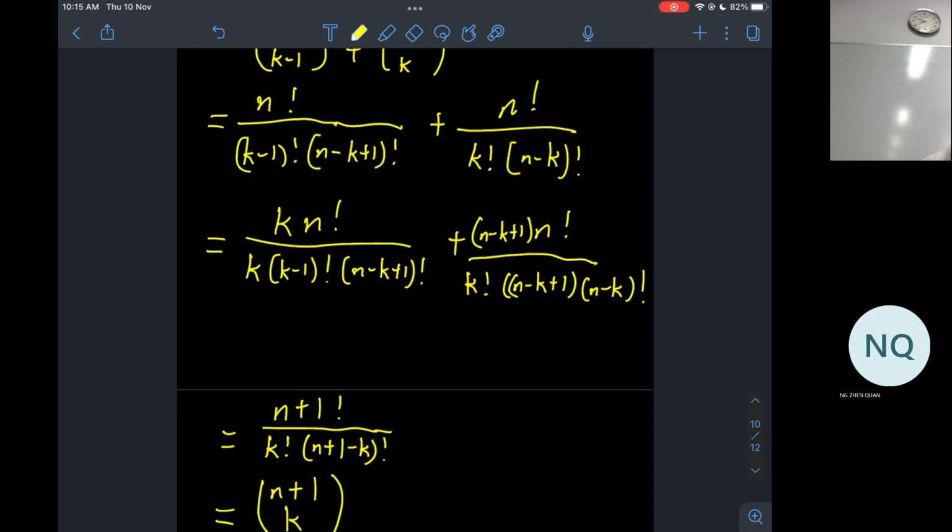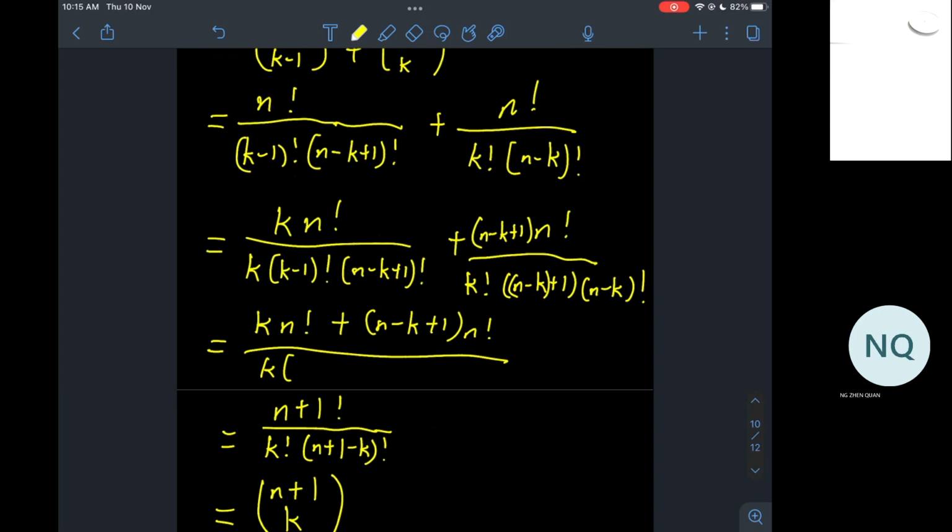In case you're confused, I put another bracket here. So what you get is k times n factorial plus n minus k plus 1 times n factorial, over k factorial and n plus 1 minus k factorial.